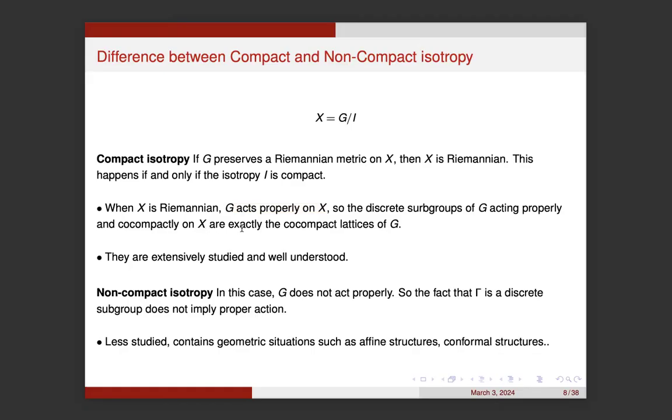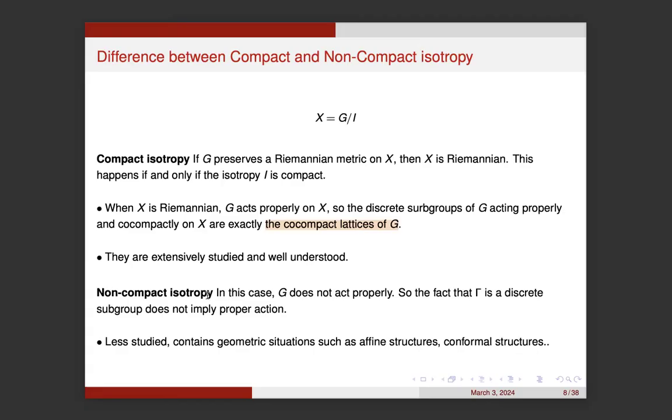The discrete subgroups of J acting co-compactly are exactly the co-compact lattices of J. So the question whether there are compact quotients translates into the question of existence of co-compact lattices of J. And this Riemannian situation is extensively studied and well understood.